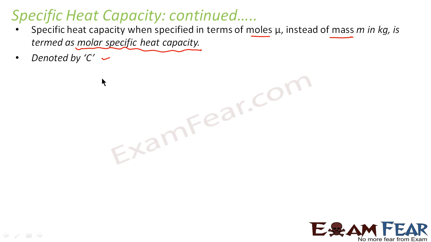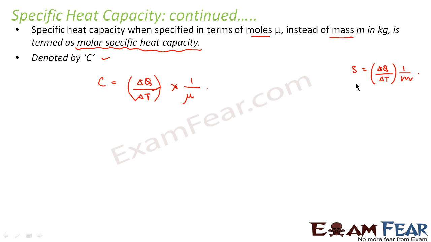So C will be equal to delta Q by delta T per unit number of moles. If you remember, the previous one, specific heat capacity, was delta Q by delta T per unit mass.